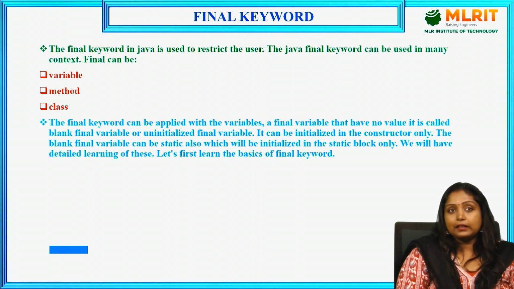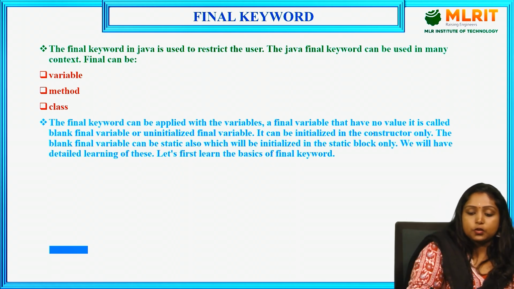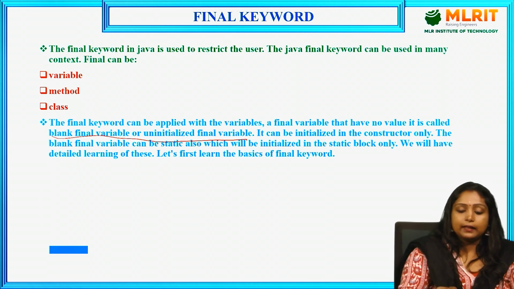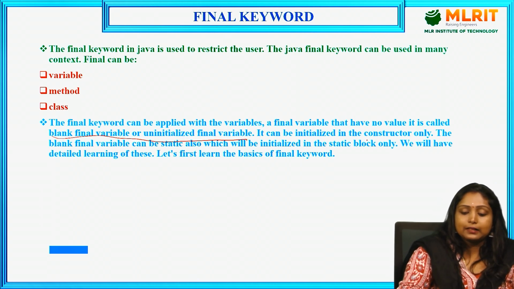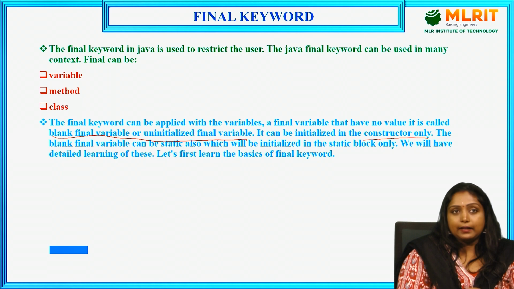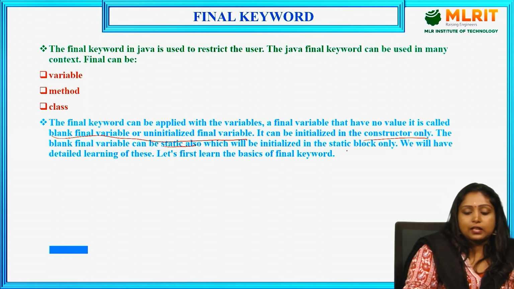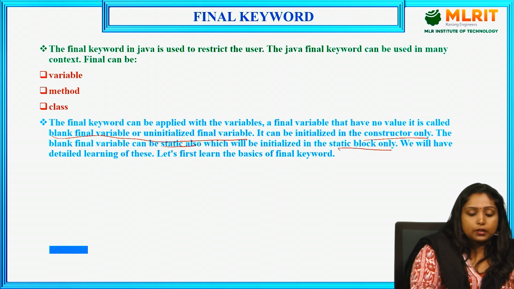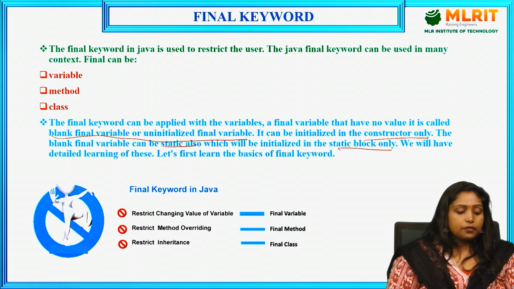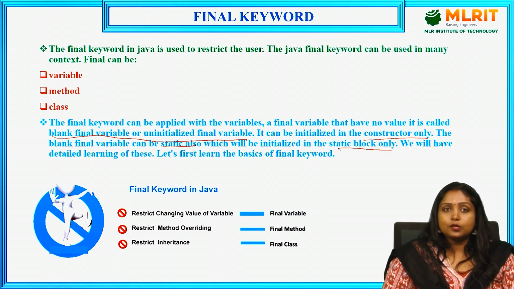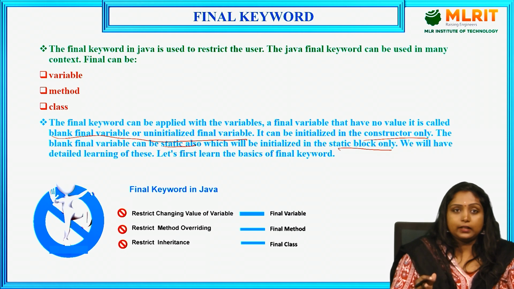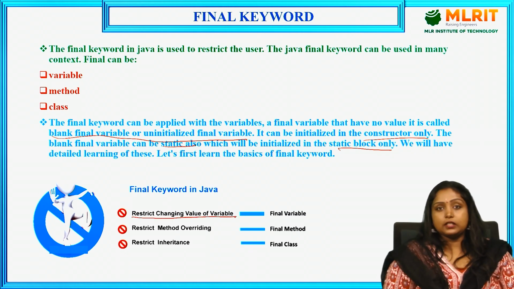A final variable should not be blank first of all, and next it can be initialized in the constructor only, and a static final variable can be initialized in a static block only. Why we are using the final keyword is to have constant values. So using final on a variable restricts changing the value of the variable.